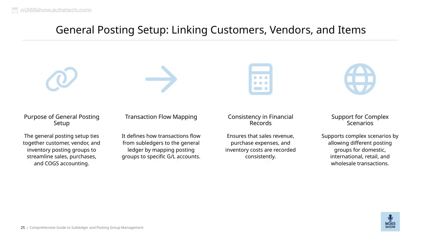The overall purpose of the general posting setup is to tie everything together, customer, vendor, and inventory posting groups, so that sales, purchases, and cost of goods sold are all recorded seamlessly and accurately. This integration helps us maintain a clear, organized, and efficient accounting process, supporting the overall goal of transparent and reliable financial management.